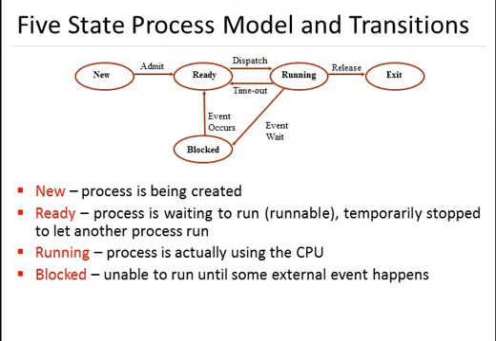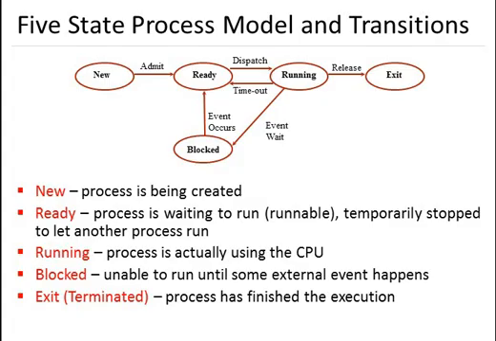After that, the last one is the exit state. Okay, if a process has finished its execution, then it is in exit state, and finally the process is completed. Okay, so this is all about process state transitions, or I can say process states.